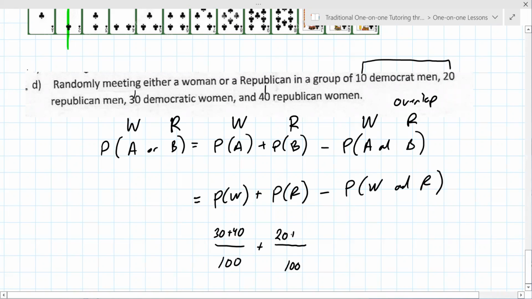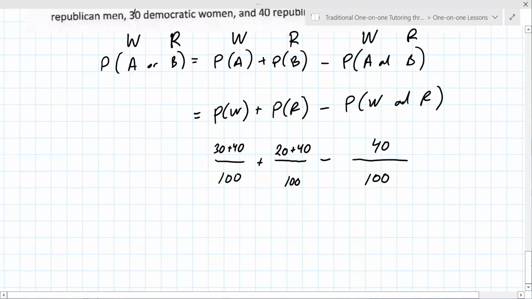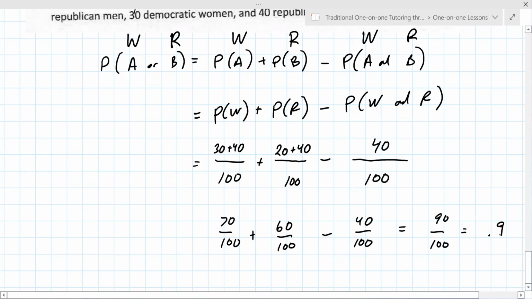So we go 20 plus 40. I'm showing the numbers just in case you want to look back and know why those are the right numbers. And then woman and Republican is the 40. So you got 70 over 100 plus 60 over 100 minus 40 over 100, which equals 90 over 100 or 0.9, 9/10.